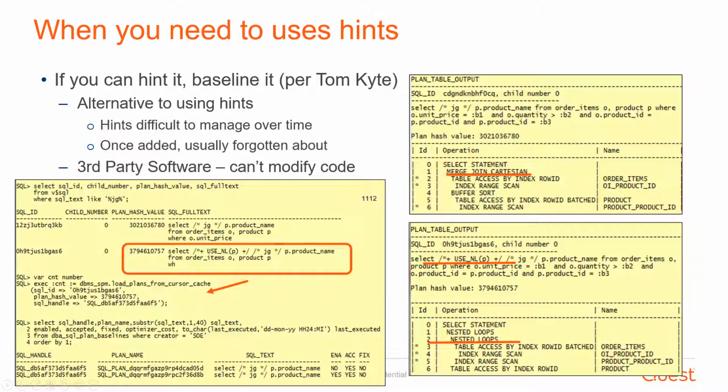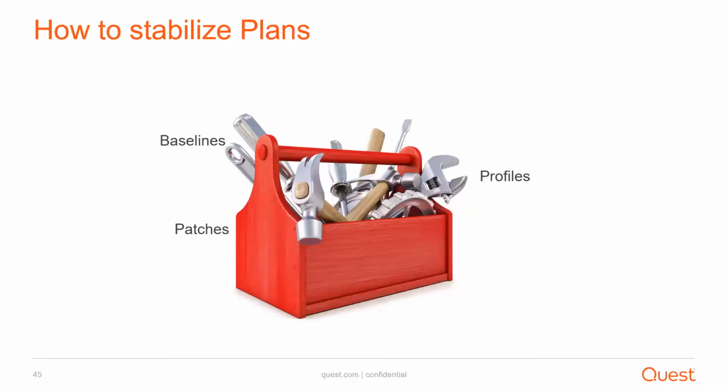When I did that, I went to the table DBA SQL plan baselines, and I altered the original one to be enabled no, and then I enabled my nested loop one. So I didn't change the code, I didn't do anything but change the baseline. And it's an easy fix if you have to change third-party software.